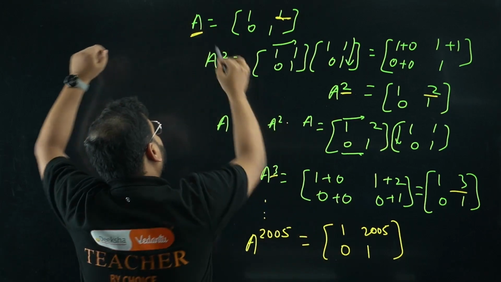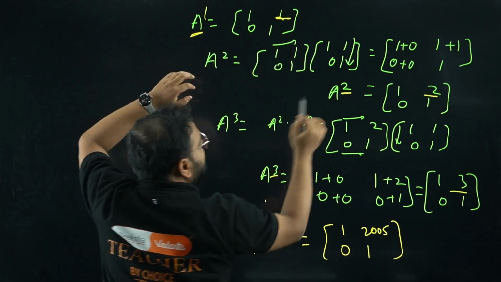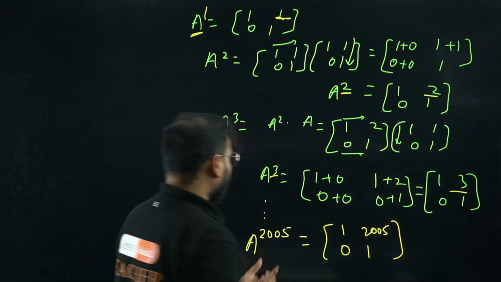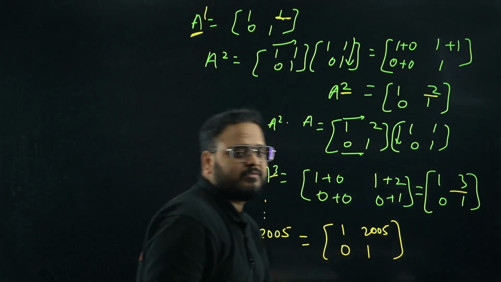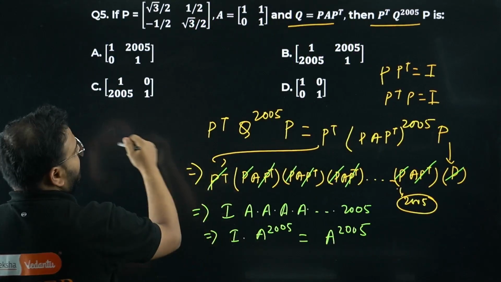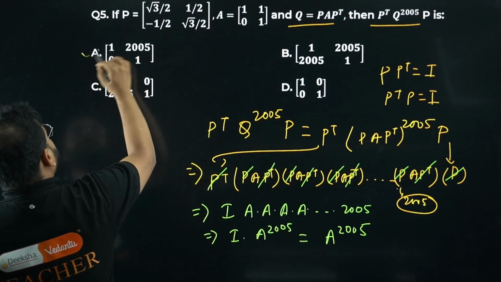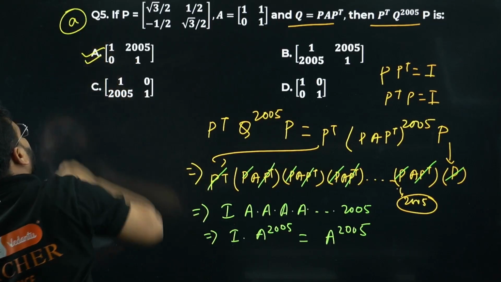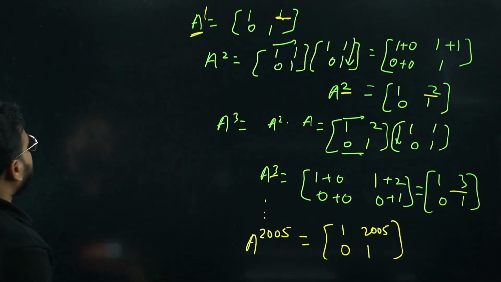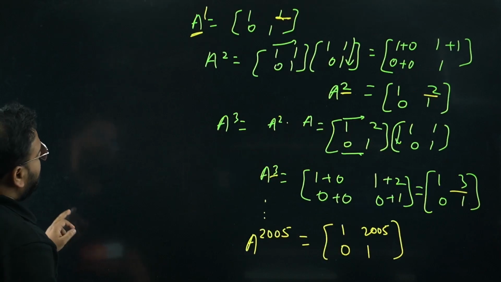When the power is 1, this is 1. When the power is 2, this is 2. When the power is 3, this is 3. When the power is 2005, this will become 2005. So the correct answer will be option A only. Option A is correct. So let's move on now. This is done.